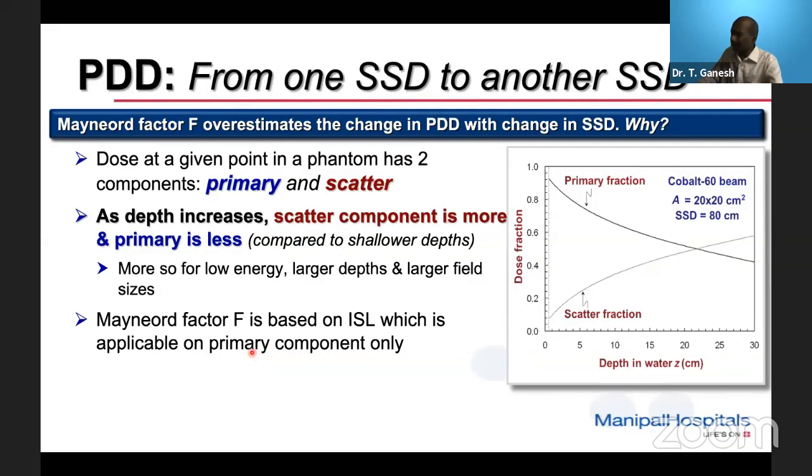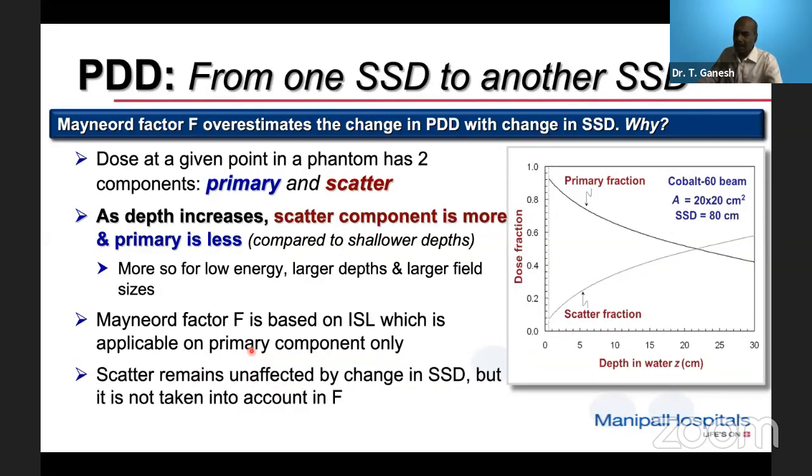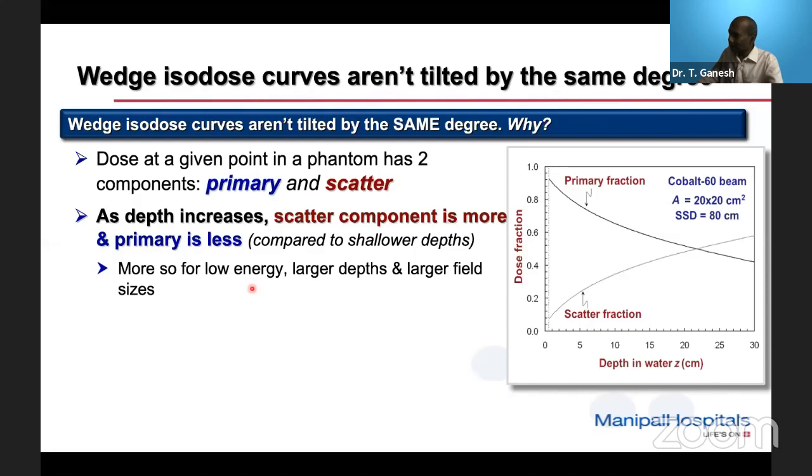Inverse square law has nothing to do with the scatter component, because scatter is not affected by change in SSD at all. However, this fact has not been taken into account in F. In Maynard factor, we just assume that everything is according to inverse square law, which is not correct. That is why the Maynard factor overestimates.